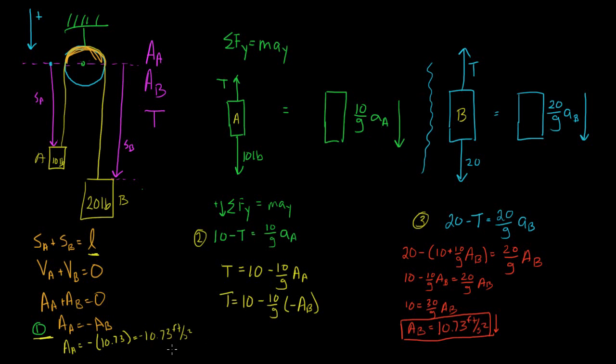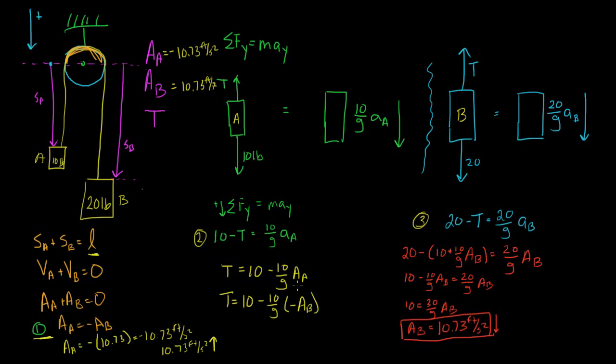So the acceleration of A is moving 10.73 feet per second squared in the upward direction. We'll keep it with a minus sign. So the acceleration of A is minus 10.73 feet per second squared. The acceleration of B is 10.73 feet per second squared.